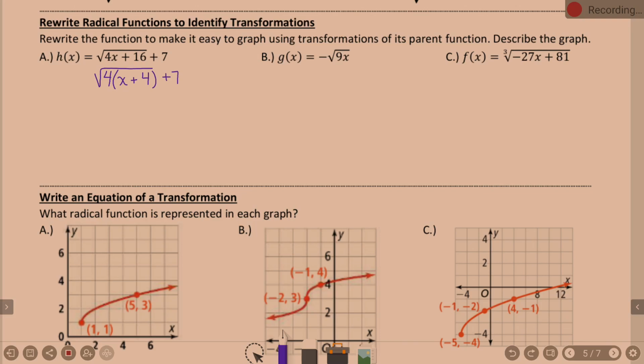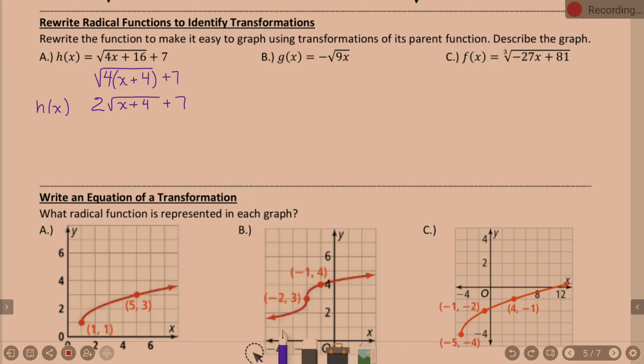Because this is 4 times another quantity, we can take the square root of that 4, since it's just a single number, and put it out front. So can you visualize what that's going to look like? The square root of 4 becomes what out front? 2. What about x plus 4? Well, I can't take the square root of that 4 because it's attached to the x plus 4, so it stays under the radical. And then you have a plus 7.